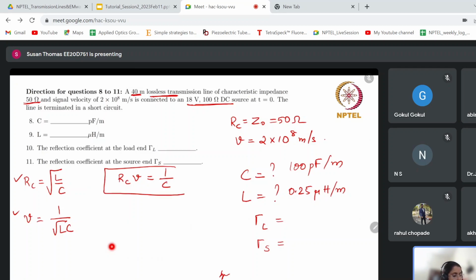If at all anybody is just stuck with this, this is the clue.